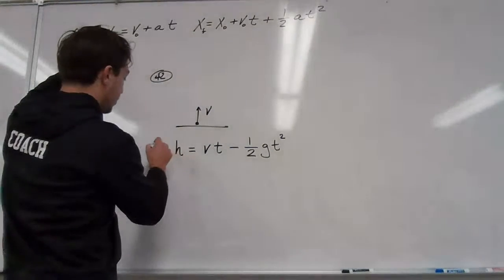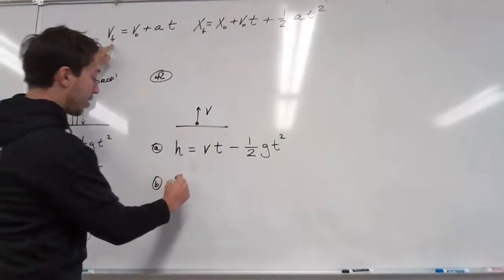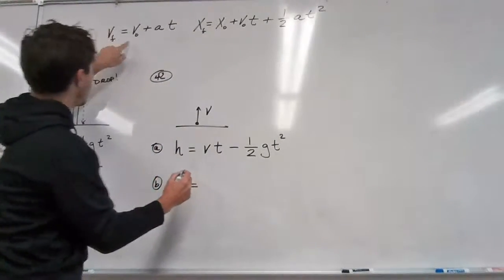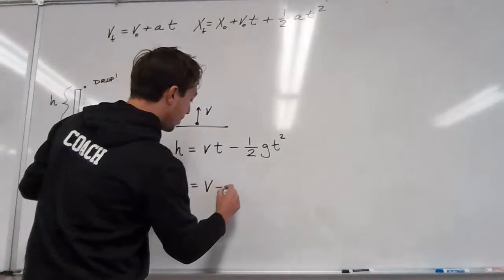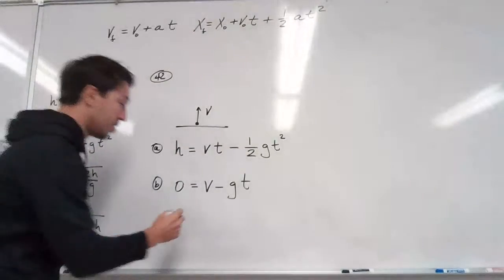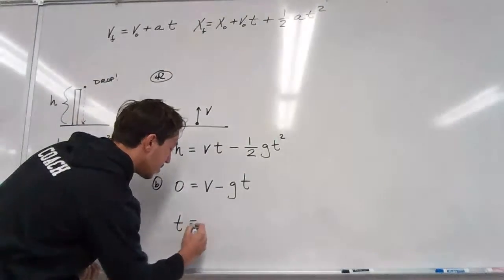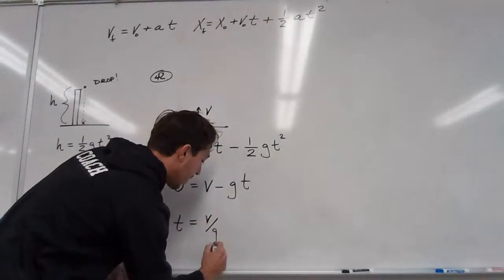So here's the answer to A. For B, all I have to do is ask how much time it takes. My initial velocity, we're calling that V. V minus GT equals 0. I'm just solving for T, right? So what's the answer? V divided by G.